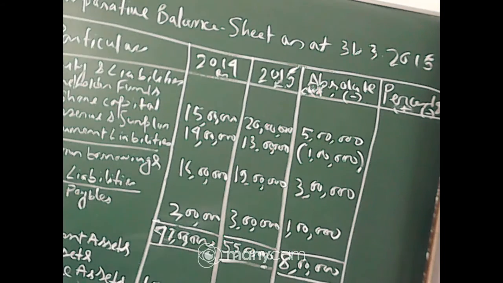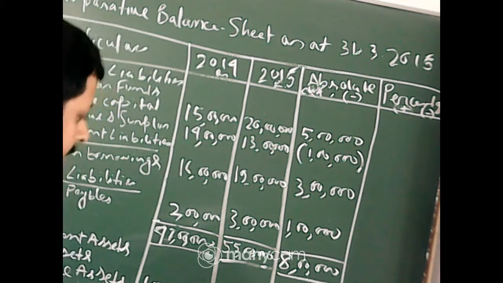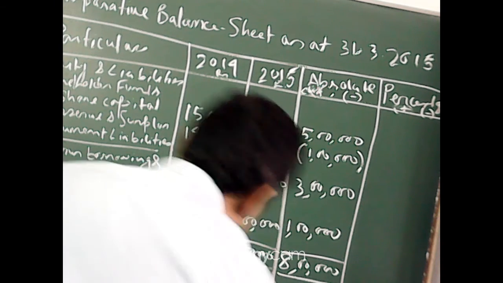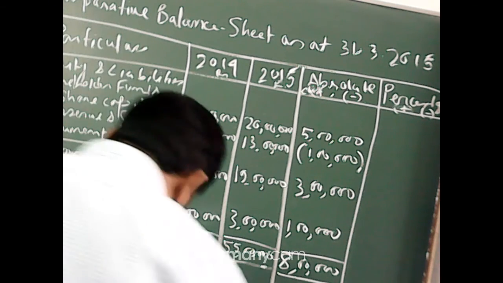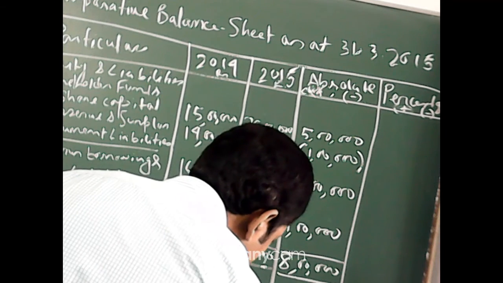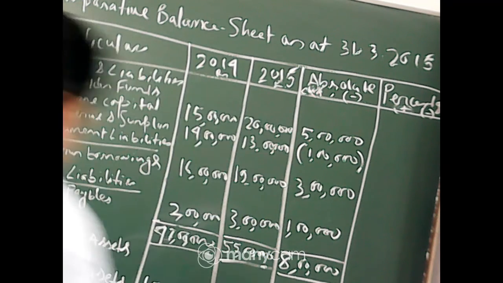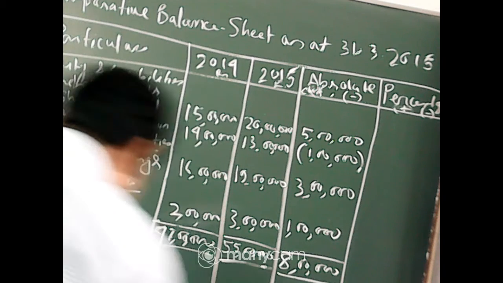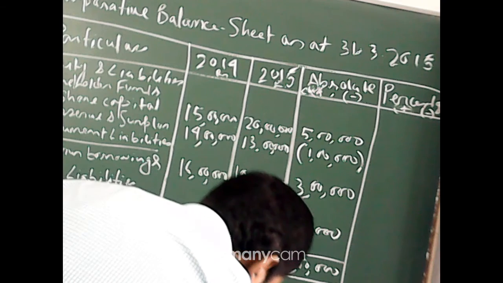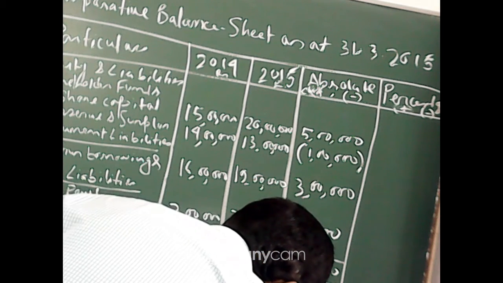And in the same way, you have to do the asset side also. Last year 15 lakh, this year 20 lakh, means 5 lakh increase. Last year 16 lakh, this year 19 lakh, means 3 lakh increase. Last year 14 lakh, this year 13 lakh. There is a decrease of 1 lakh in inventories.